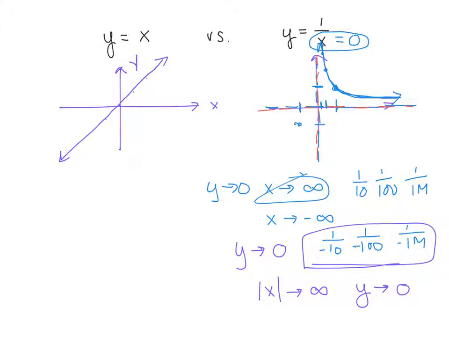So we already said that when x is equal to negative 1, the value of y is negative 1. And then it gets closer and closer to 0 as x is decreasing. And then as the x value increases from negative 1 to 0, for example, x equal to negative half gives y equals 1 over negative 1 over 2.